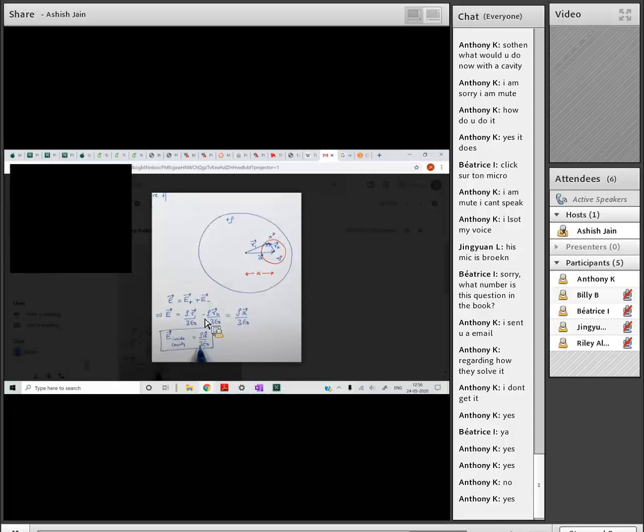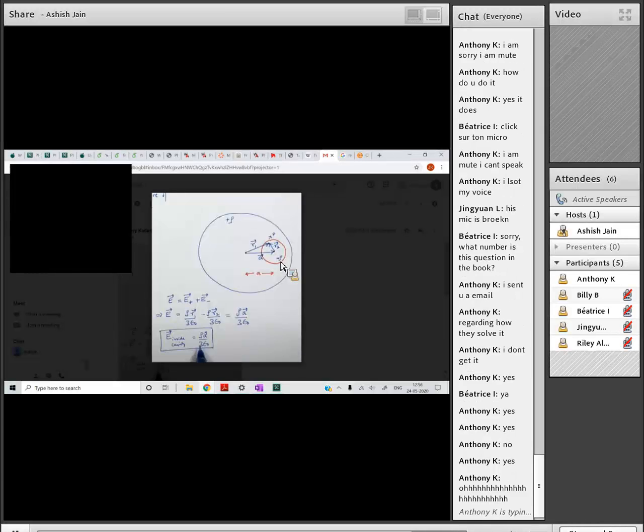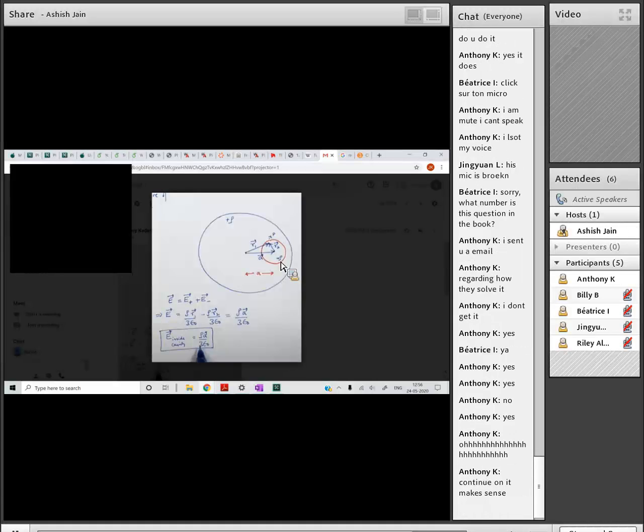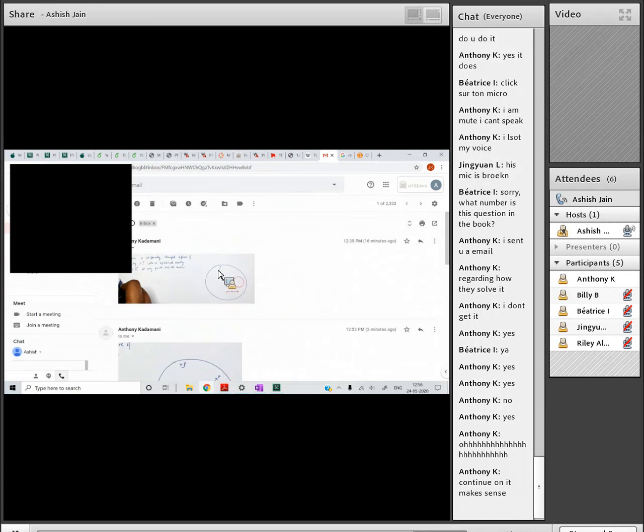So the total electric field, they are calling due to the plus component of rho, plus rho, and negative rho, right? Continue on it. Makes sense.